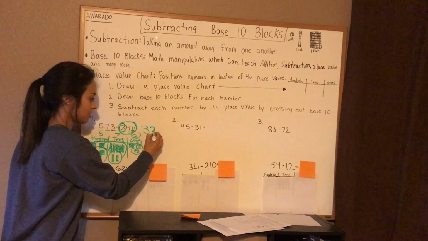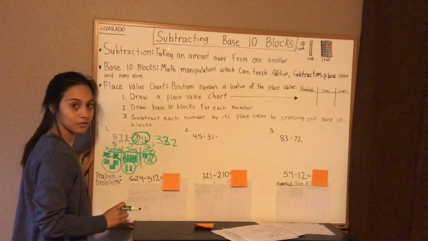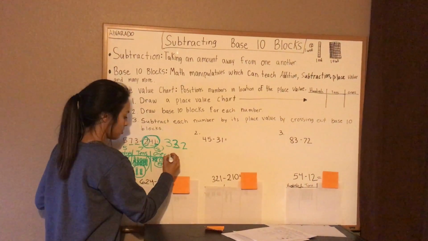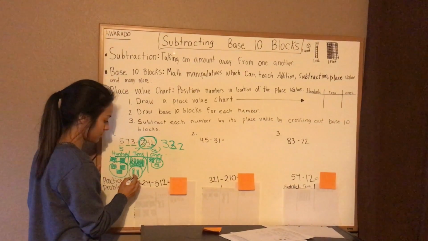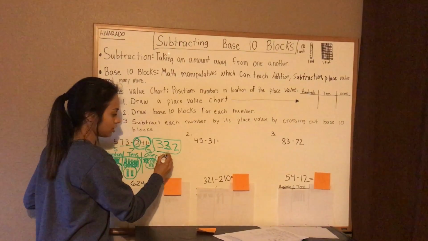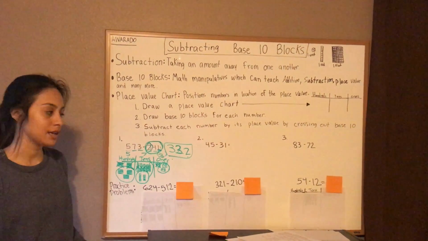It's 3, 3, 2. Y'all got it? So, because there's 3, there's 3, and then there's 2, that gives us our answer of 332. So now we're going to go ahead and do our next example.